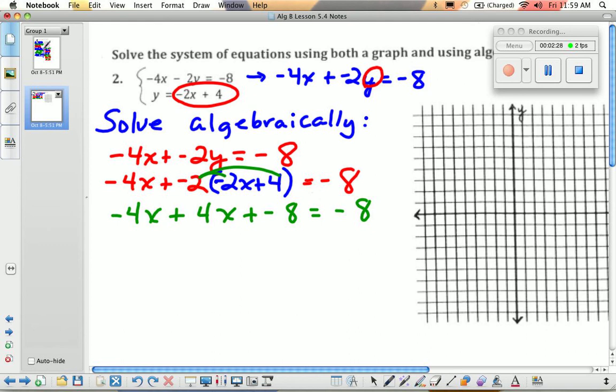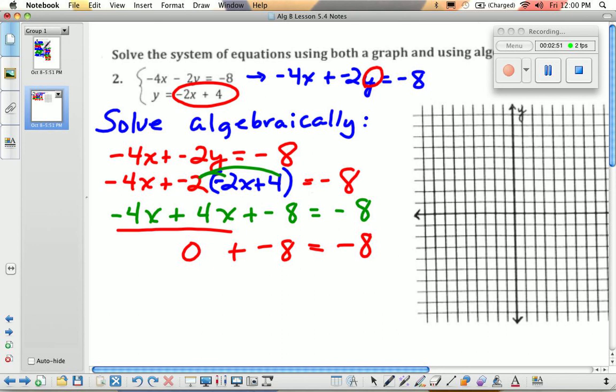And don't you combine like terms? Now we get some like terms that we can combine on that left side. What happens when you put those together? You get 0, because they are opposites, right? So they're gone. This in reality is 0.